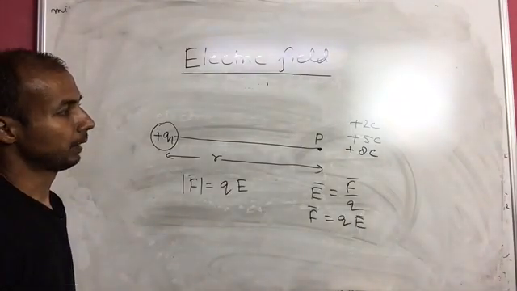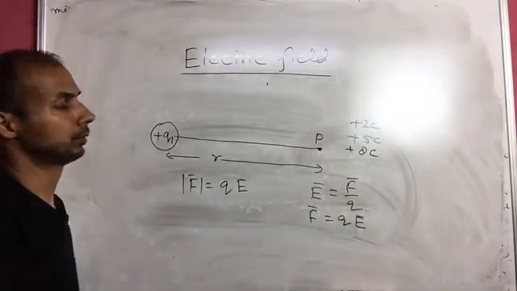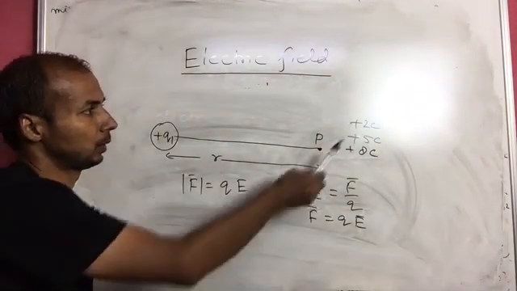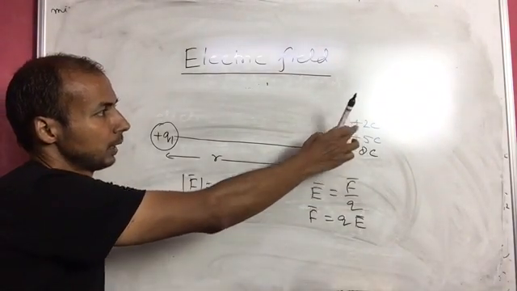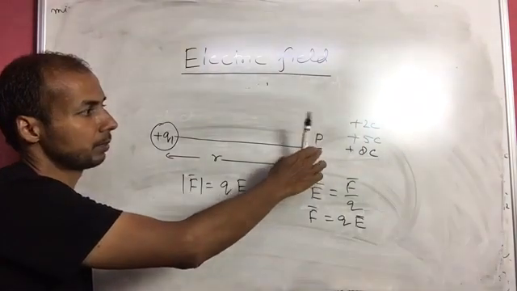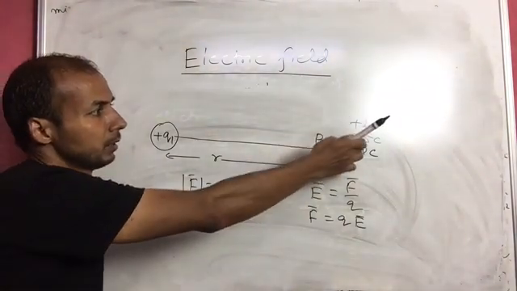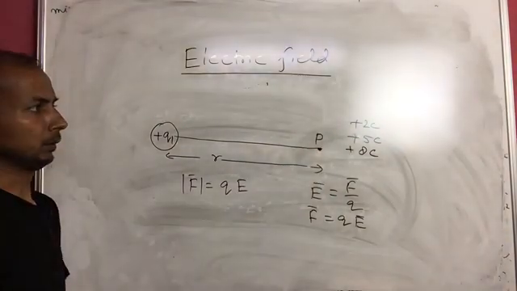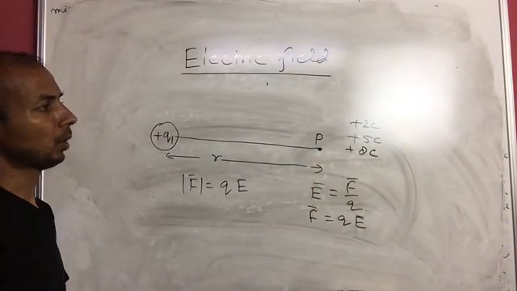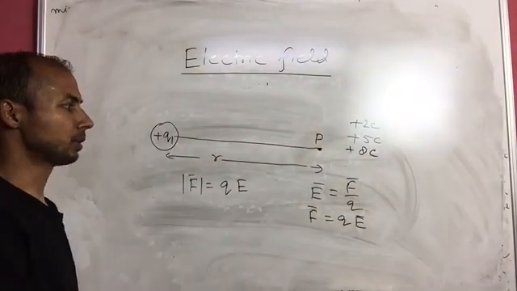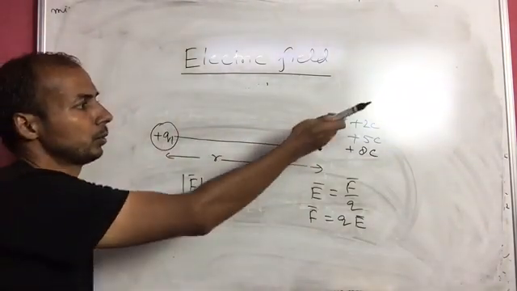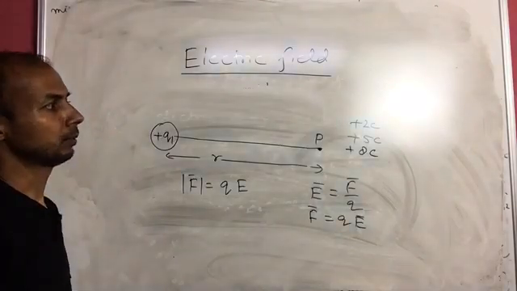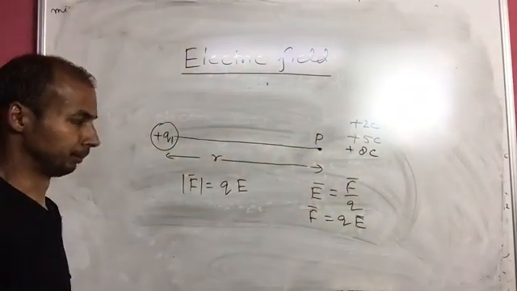So if I calculate the electric field at this point, then if I want to find the force acting on a 2 coulomb charge put at this point, simply multiply charge by the electric field. Similarly for 5 coulomb, similarly for 8 coulomb. Every time I will not have to use the Coulomb's law, 1 by 4 pi epsilon naught q1 q2 by r square, because this charge is common in all of them.